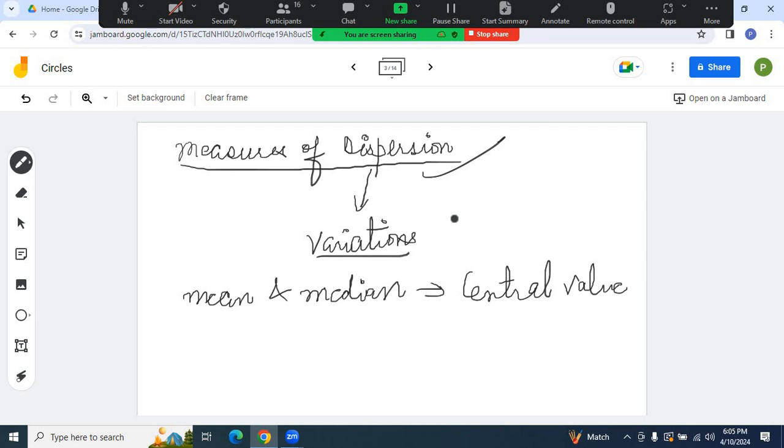Why? The reason may be that in factory 1, the person who is taking 15,000 may have fewer working hours, less workload, and weekends off. These are the facilities given in factory 1.